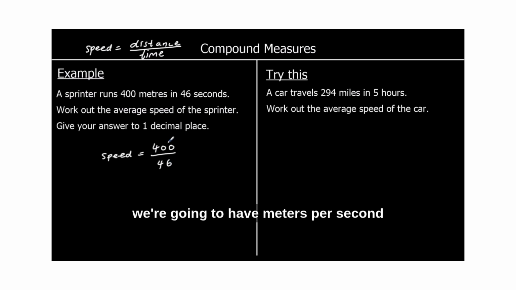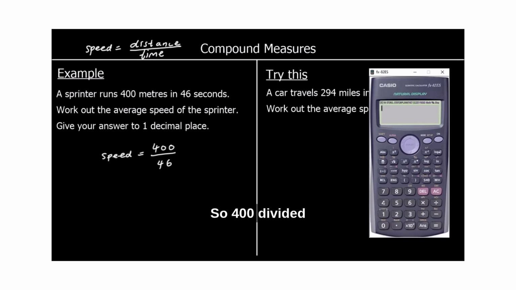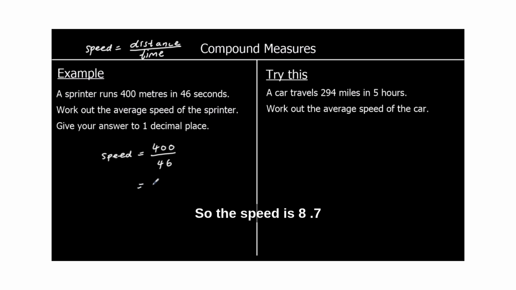So we're going to have meters per second as our answer. Meters divided by seconds, meters per second. So 400 divided by 46 to one decimal place is 8.7. So the speed is 8.7 meters per second.